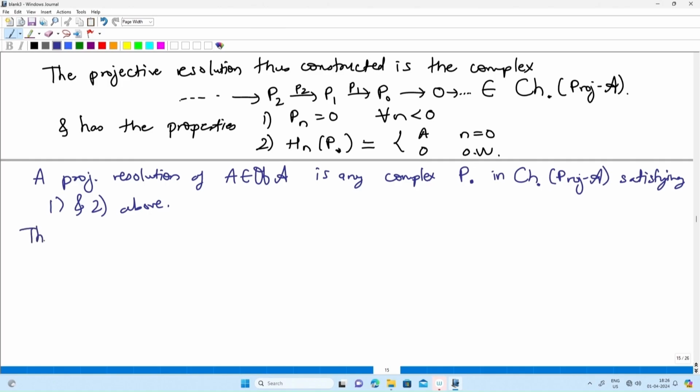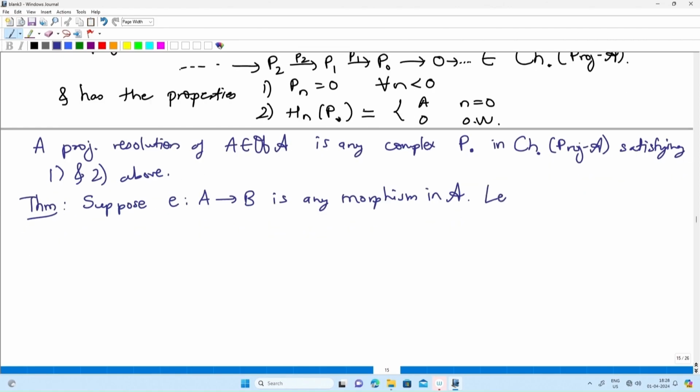So this is a new theorem that we need. Suppose E is any morphism from A to B in A. Let P dot and Q dot be projective resolutions of A and B respectively.